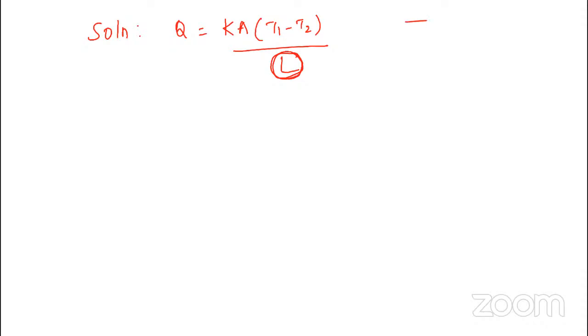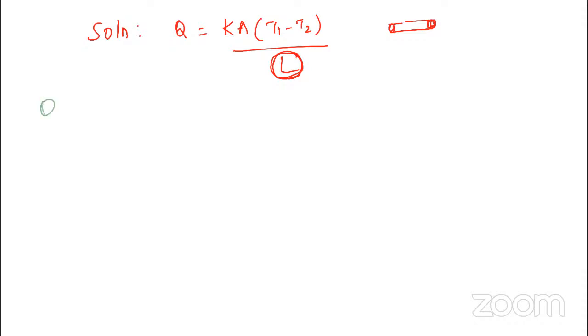Here they have given the circular areas, and circular areas have thickness, so we are taking L value equal to 5 millimeter here.